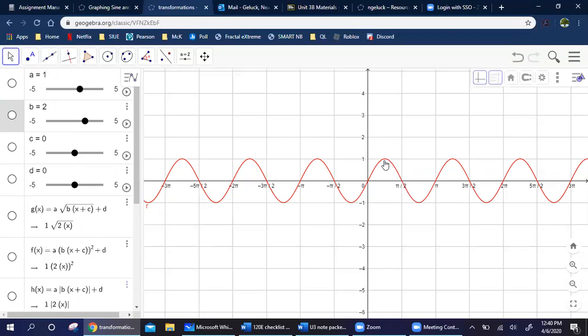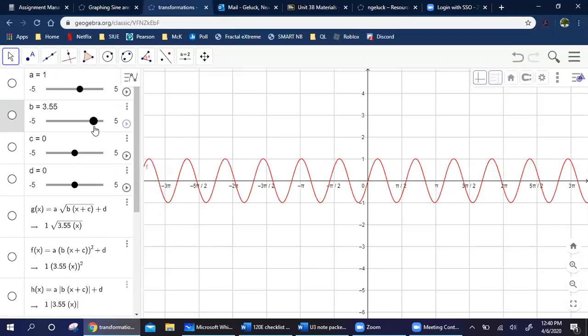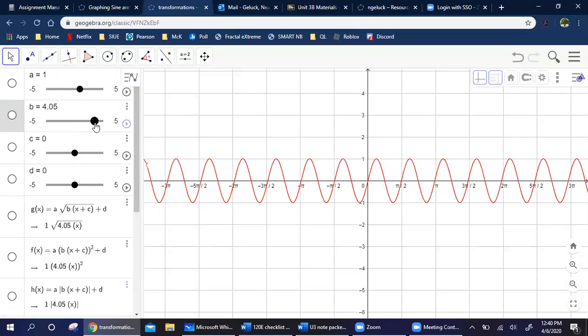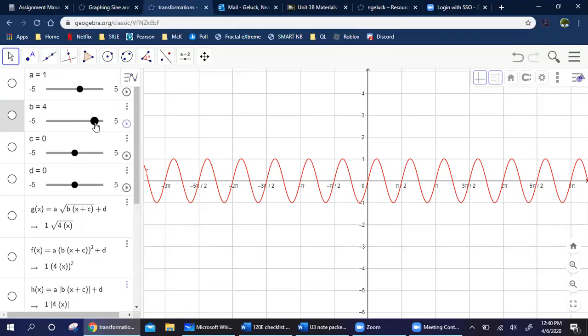That also means I'm finishing 2 cycles in 2 pi. If I cranked it up to 4, now I finish 1 cycle in pi over 2, and there are actually 4 full cycles by the time I reach 2 pi.